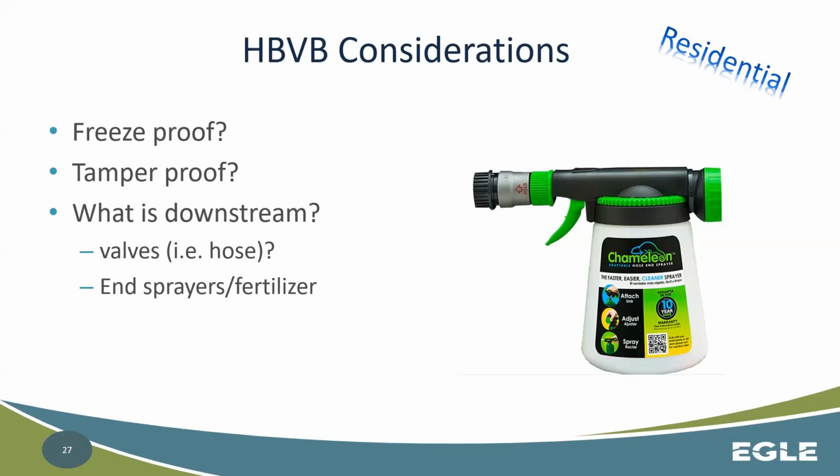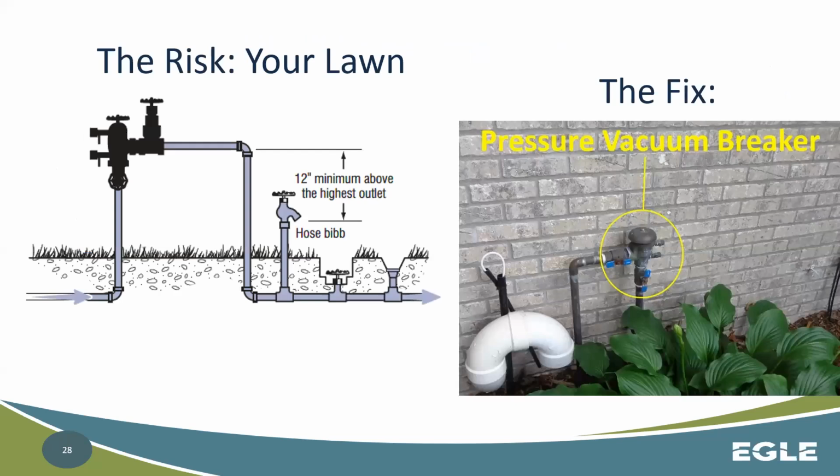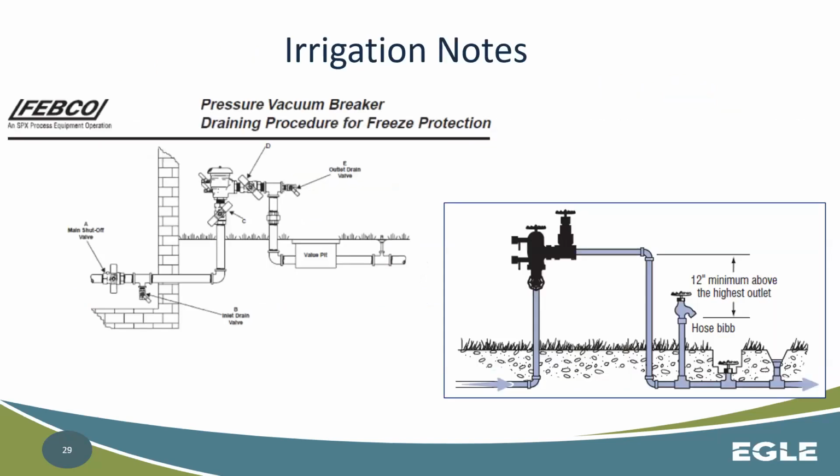Another common residential risk is going to be lawn irrigation. So again, here we see a pressure vacuum breaker installed. This is typically how we want to see it being installed, but just like anything else, we want to make sure, is this being tested? Was it even installed properly in the first place? And again, some of those things we had discussed: this should always be vertical.